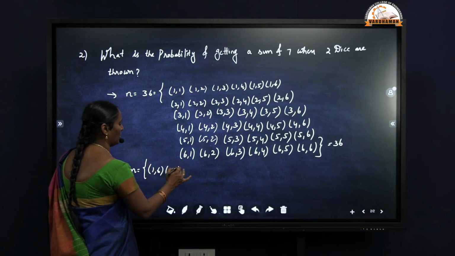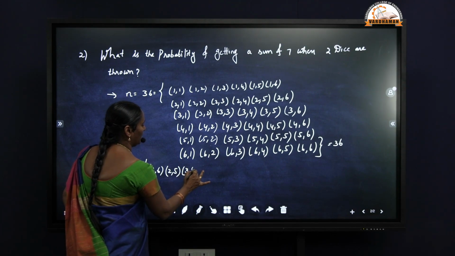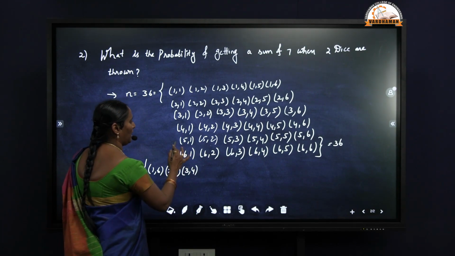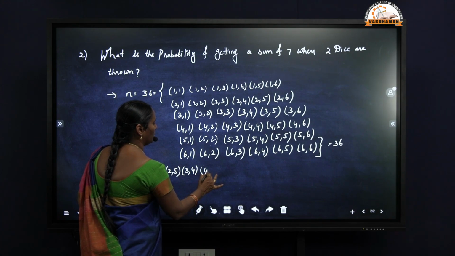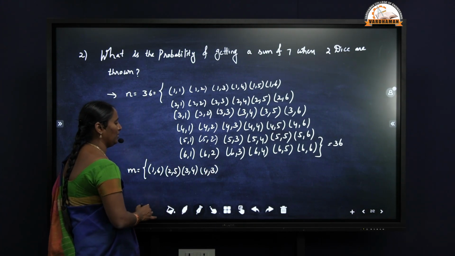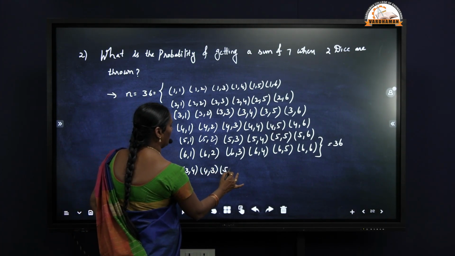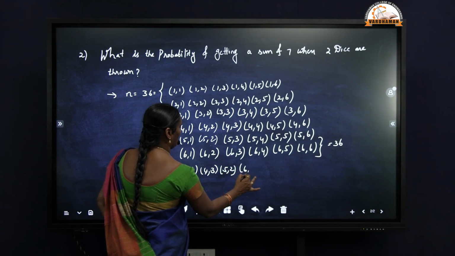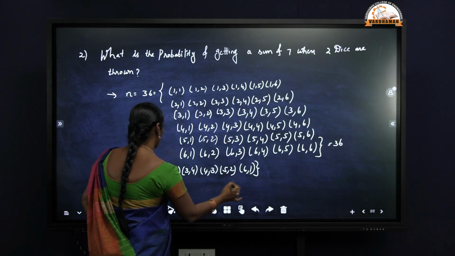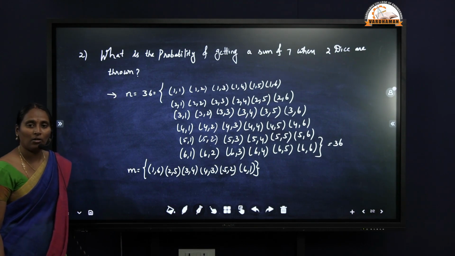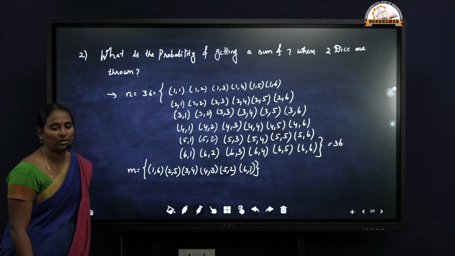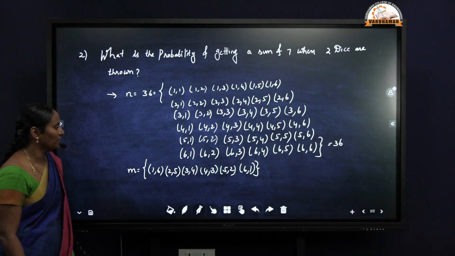In the third, 3 4, you get 7. Starting with 4, we have 4 3. Starting with 5 it will be 5 2, and starting with 6, 6 1. So out of these 36, in all 6 cases we have the sum equal to 7.